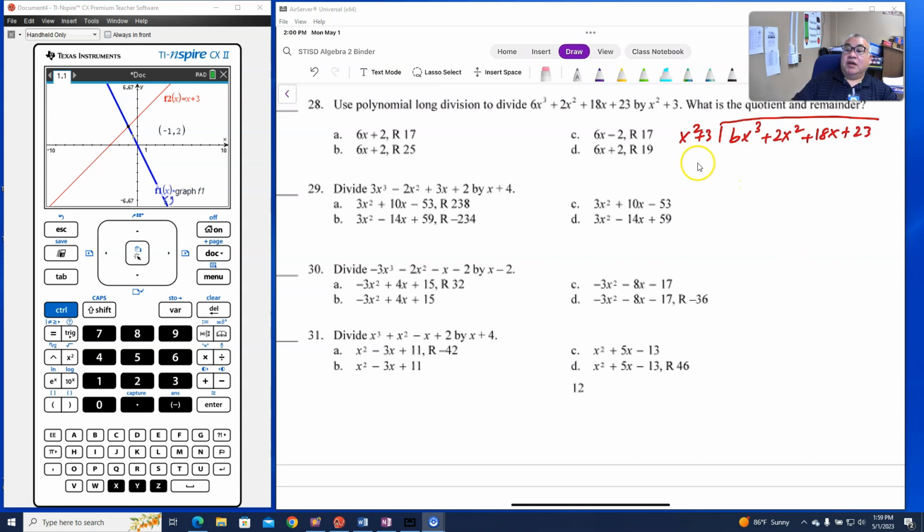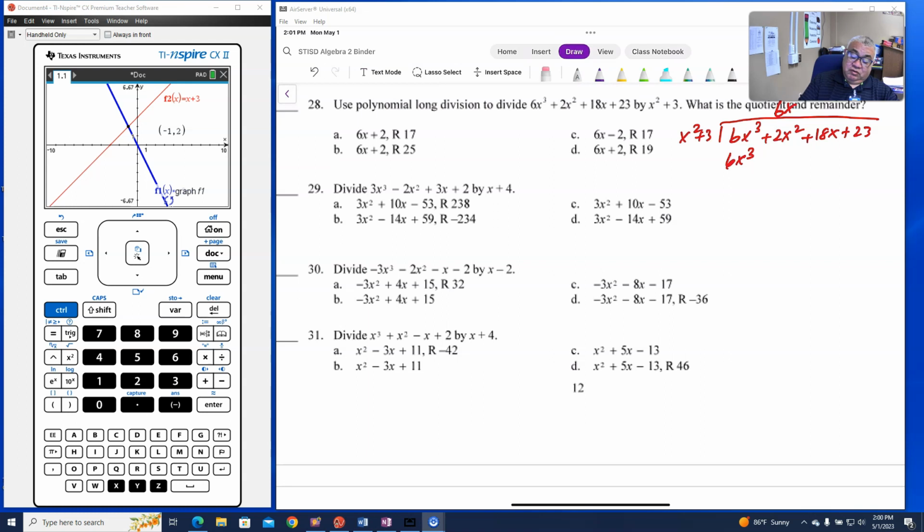So what do you multiply x squared to get 6x cubed? In this case, you multiply x. So you're going to write x on top. So we have 6x times x gives you 6x cubed.